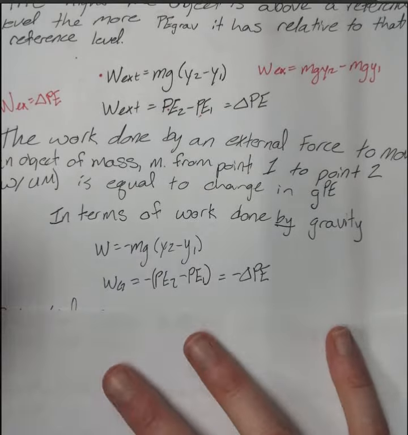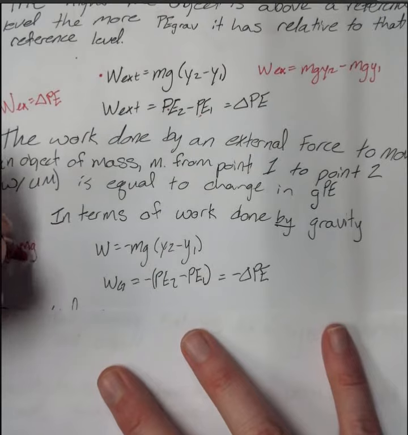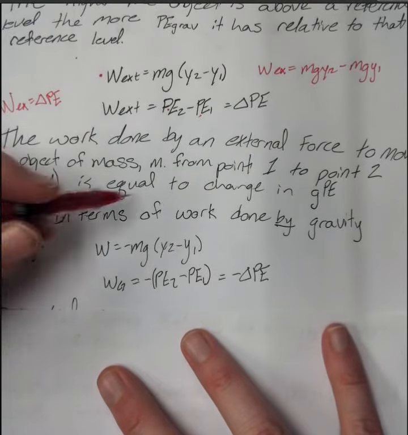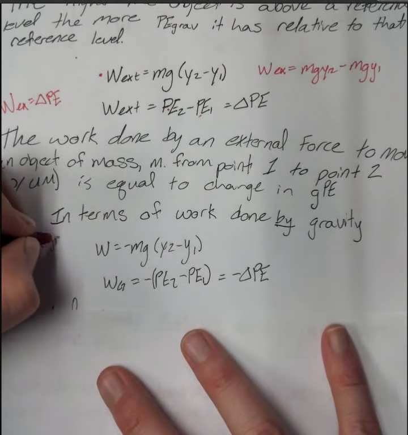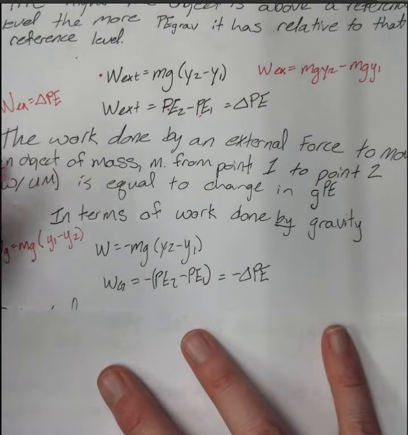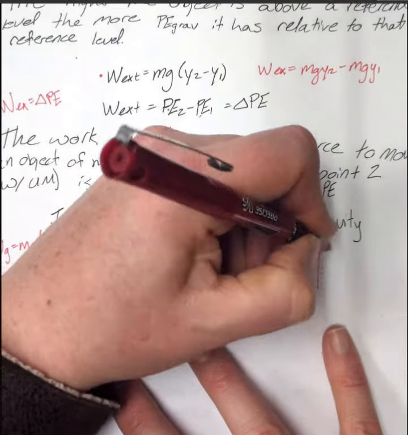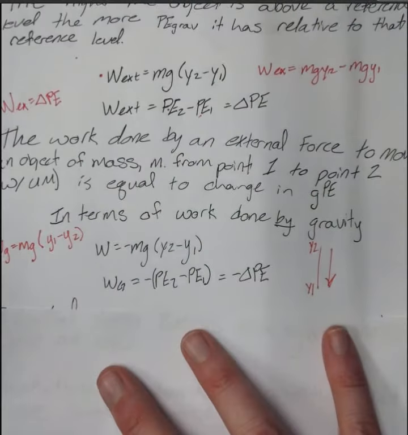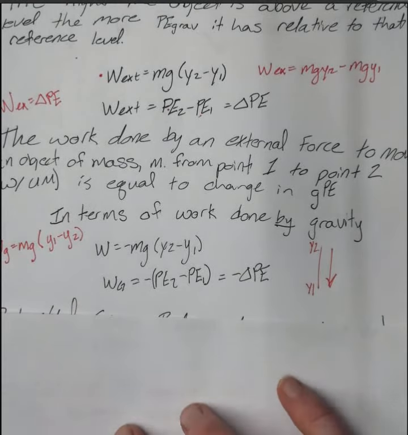And here's another way to look at that, is the work done by gravity is going to be equal to the object's weight, only this time, if gravity is moving downward, it would be starting at y2 and ending at y1, so it would be y1 minus y2. And if you had those previously set, y2, y1, and it's moving down, that's also where that negative sign comes from. However, if you flip-flopped them and you called one of them y1 and the other y2, that's where the negative sign comes from, and that's by directing your axis.